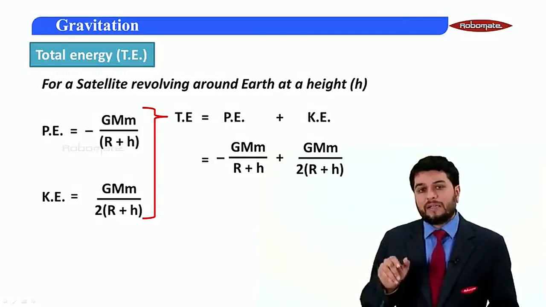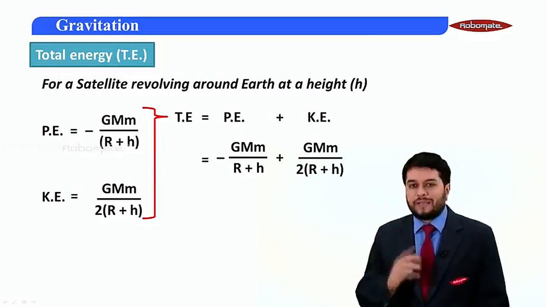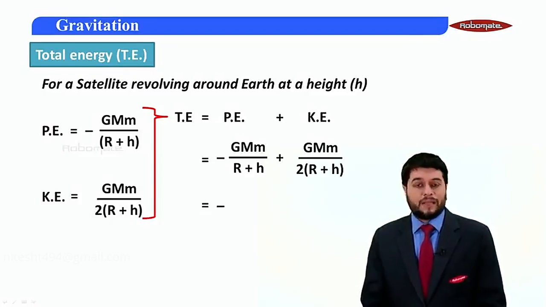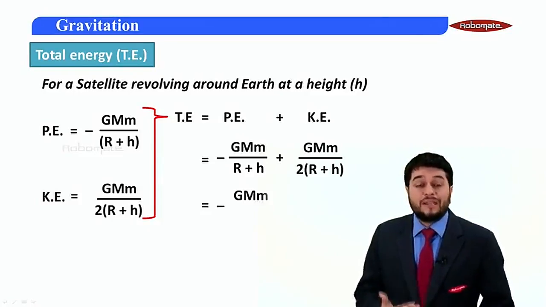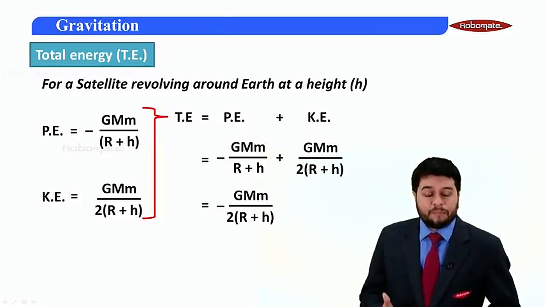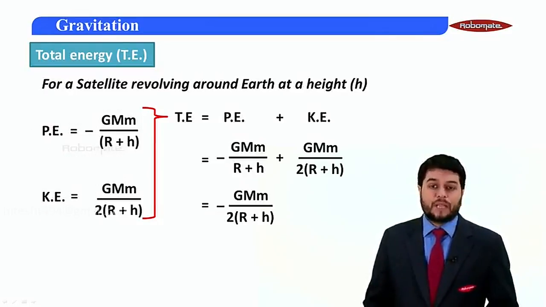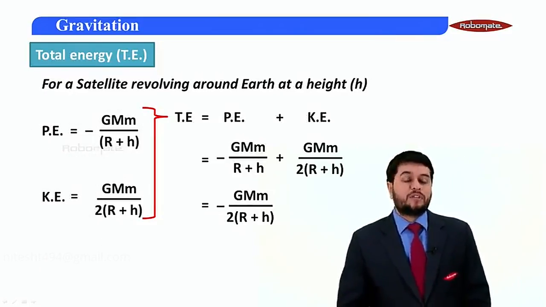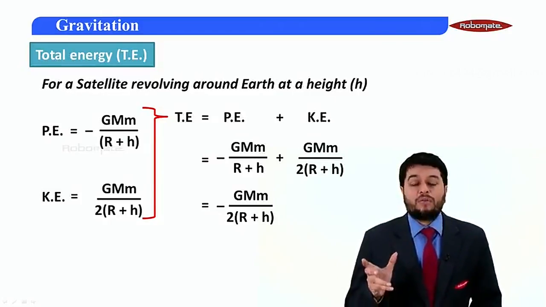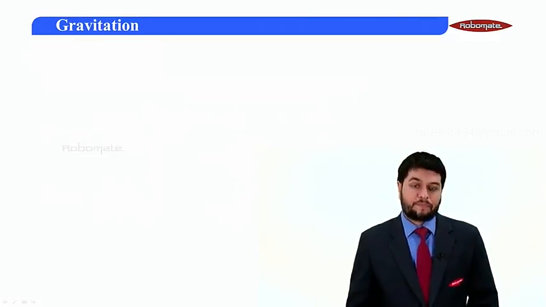So inside the brackets I'll get minus 1 plus half. Minus 1 plus half is minus half. So in totality, I get the expression as total energy is equal to minus GMm upon 2(R plus h). And this is the expression for total energy of a satellite revolving around the earth at a height.